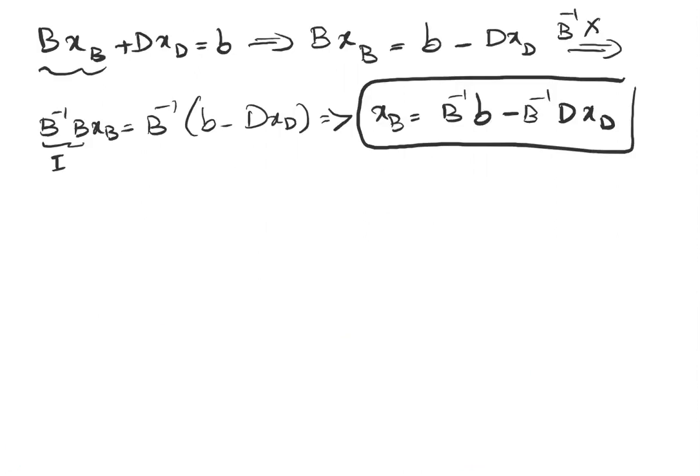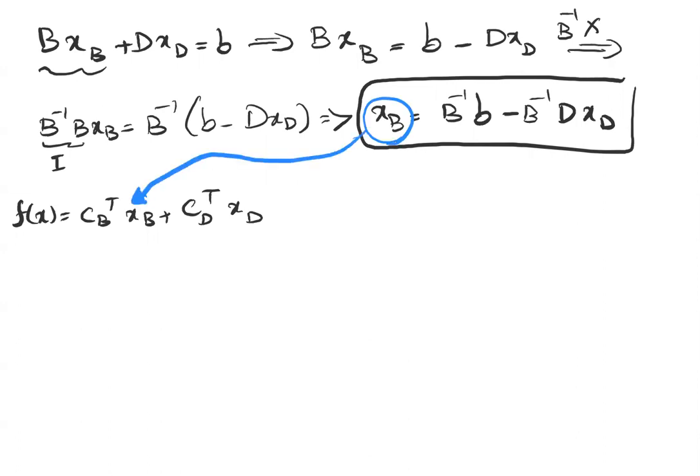So I'm going to rewrite the objective function, and insert the value of X_B here. Correct, so we want everything to be in terms of the X_D values, right?